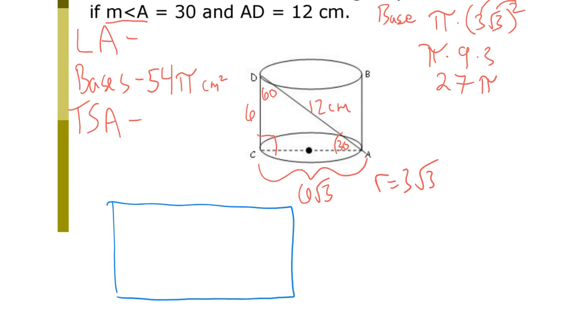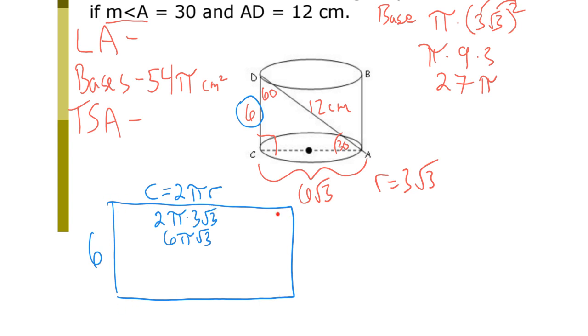Well, this right here we know is 6, right? It corresponds to this. But what is this measurement up here? Well, this actually wraps around the top. In other words, it is my circumference. And we know that my circumference is 2 pi r or pi times diameter, right? I've already got my radius, so let's pop that in. So now I'm going to have 2 pi times 3 root 3, or 6 pi root 3. That would be the dimension going across right here.